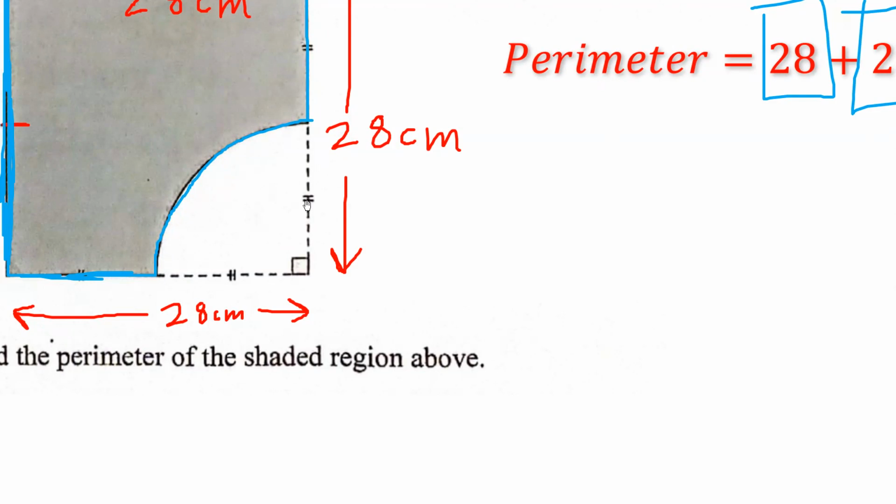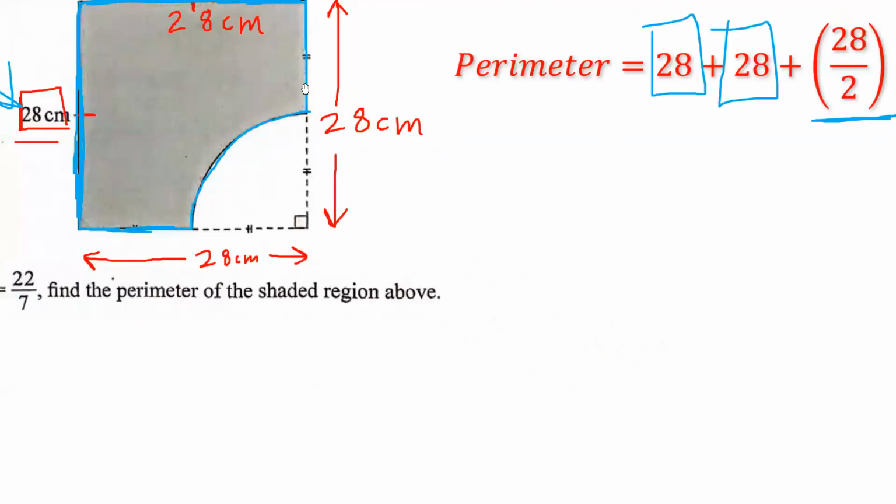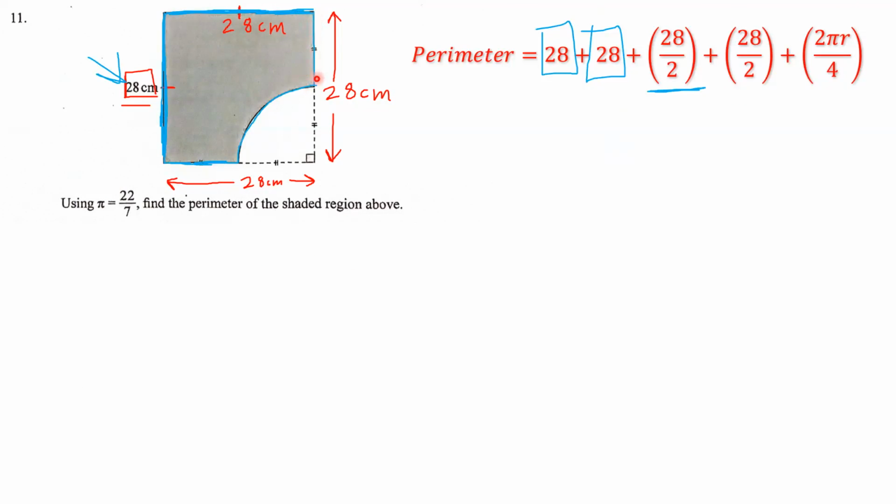Which means that this side and this side are actually equal, right? So if the whole thing is 28 centimeters, and we know that this side and this side are equal, well, that means that each of them are 14, because 28 divided by 2 is 14.